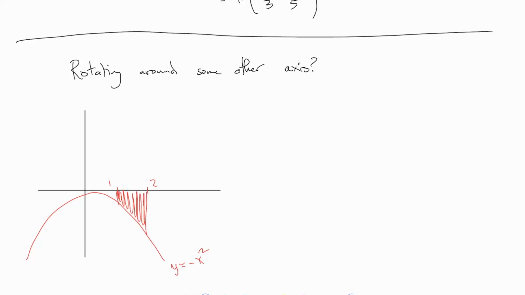And I want to revolve this around this line up here. So revolve around, in this case, this is the line y equals 1. Right? That's what that line is.